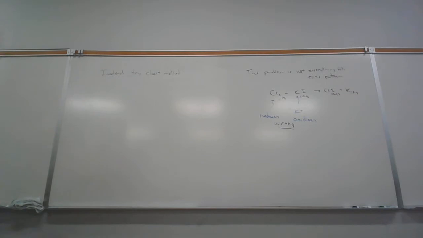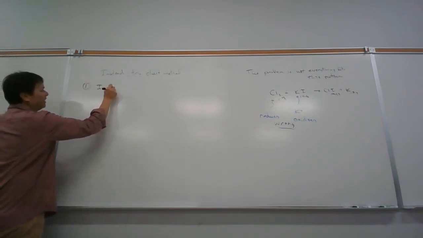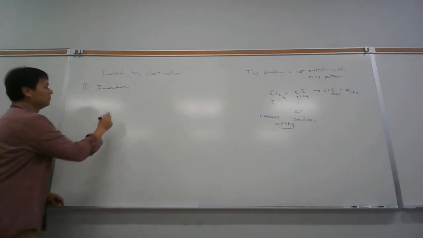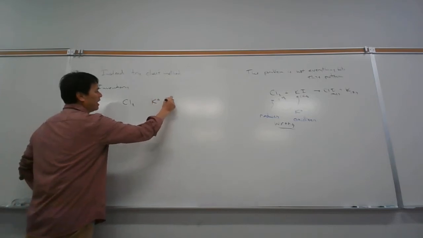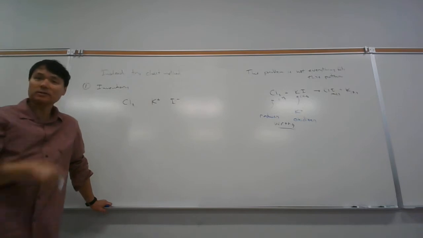All right, so there are some steps in the chart method. One, we do something called an inventory. That is, we figure out everything that's present. So what's present? Well, we have chlorine, we have potassium ions, we have iodide ions, and we have one more thing. Do you know what one more thing is that's present?